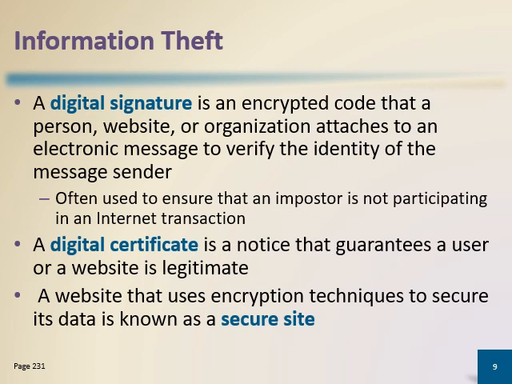Often it is used to ensure that an imposter is not participating in an internet transaction. Digital signatures can prevent email forgery. A digital signature can also verify that the content of the message has not been changed, and is used to verify the identity of the sender.